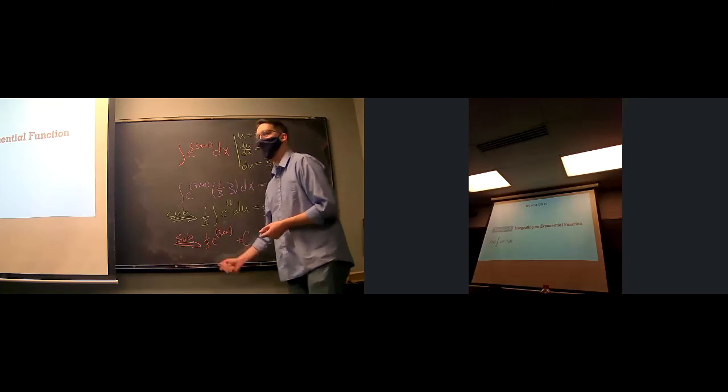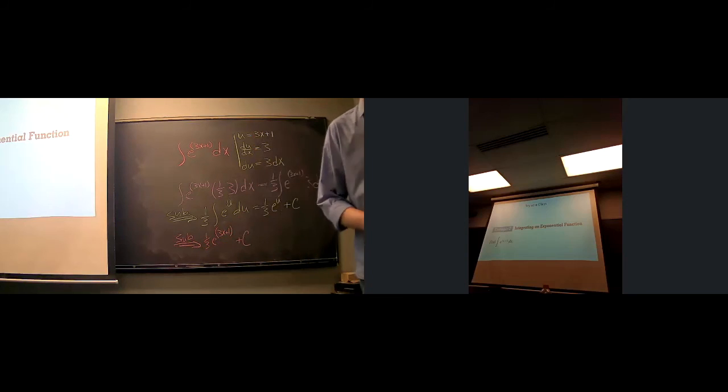And if we differentiated that, the derivative of our exponent would cancel with that 1 over 3, wouldn't it? So we're just going to get e to the 3x plus 1.